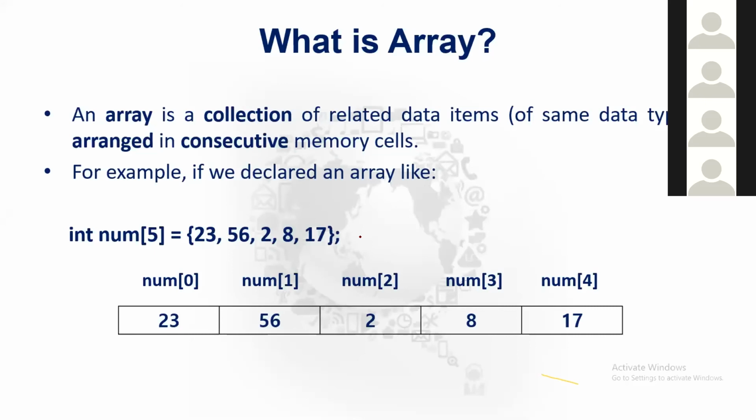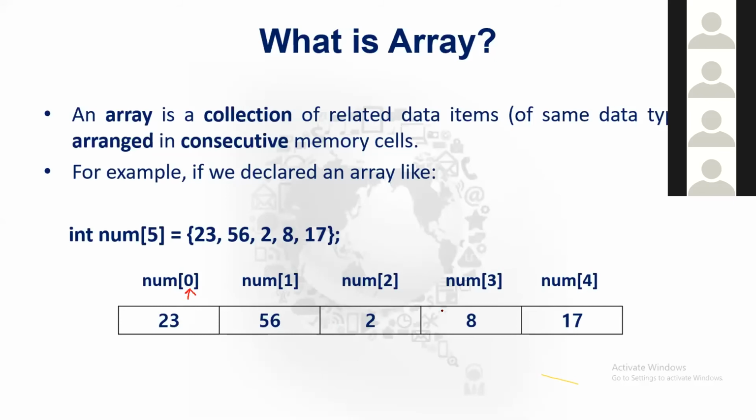If you look at the illustration, it would be in column form: 23, 56, 2, 8, and 17. So how do you determine the location of each of these numbers? By using the index value. 23 is stored in num, and its location in num is referred to as 0.